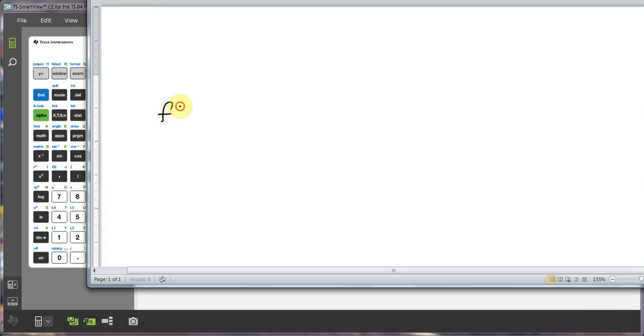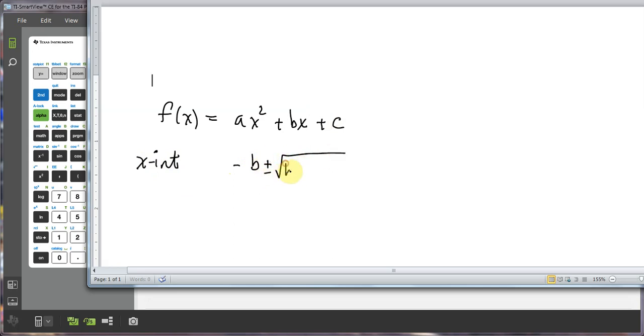So if we have a function f of x is equal to ax squared plus bx plus c, then we know that the x-intercepts will occur at the opposite of b plus or minus square root b squared minus 4ac, all of this over 2a.